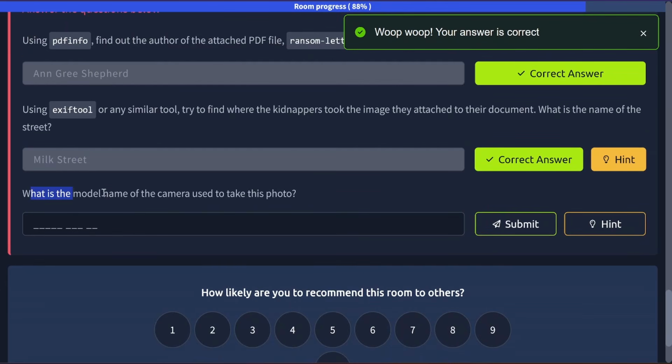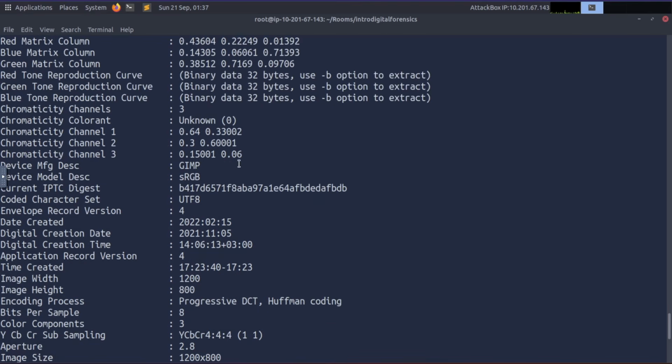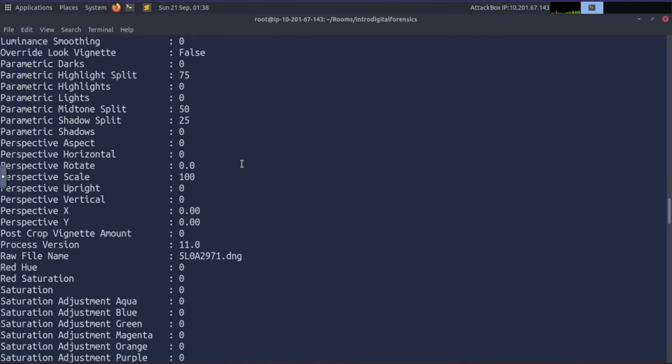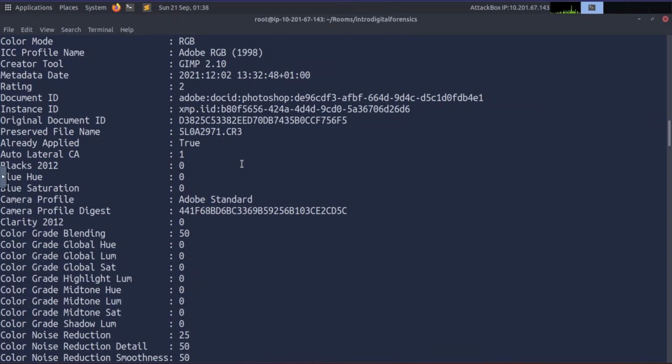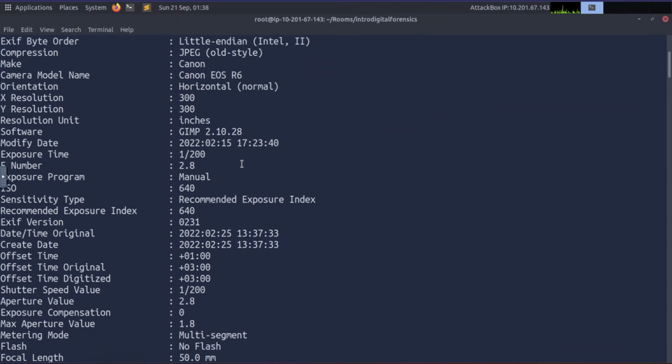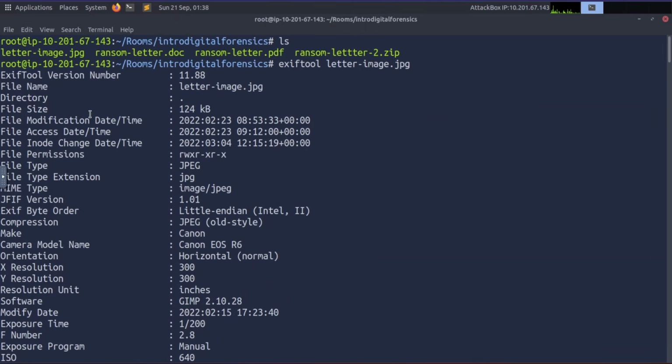And then the last question, what is the model name of the camera used to take the photo? We can jump back here. And now we're looking for model name. My guess is this is going to be towards the top, just because we have file name, author name, all that kind of stuff towards the top.